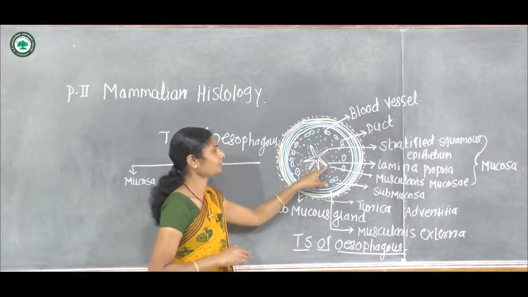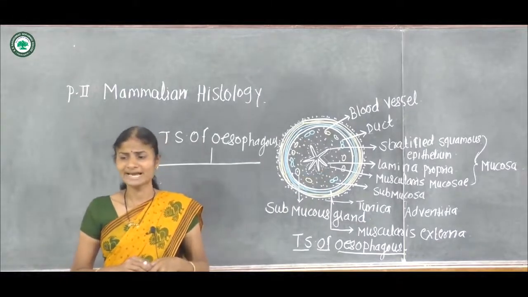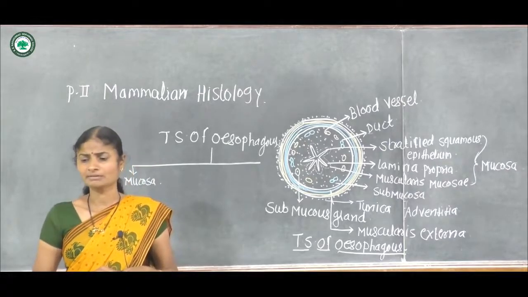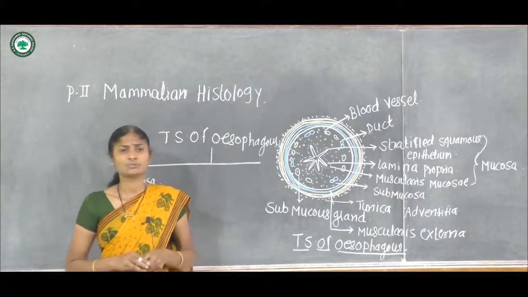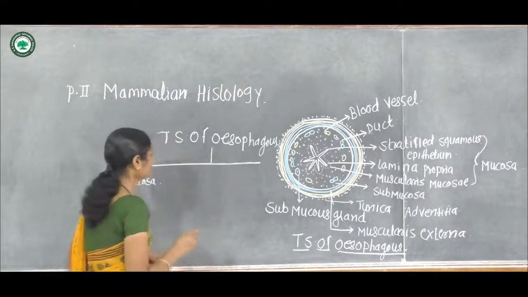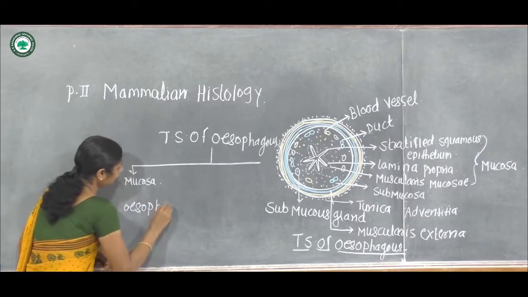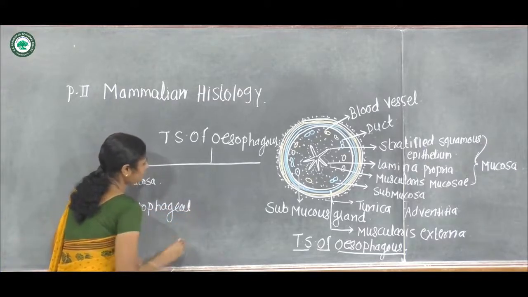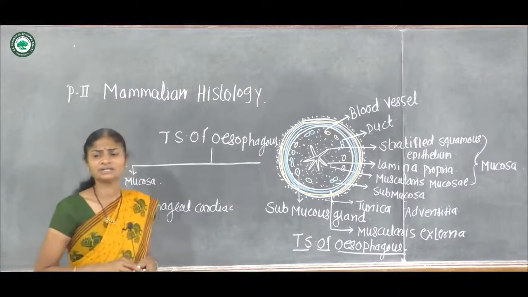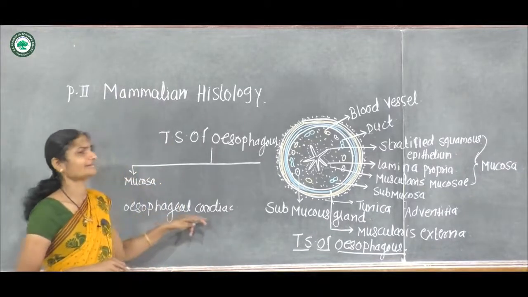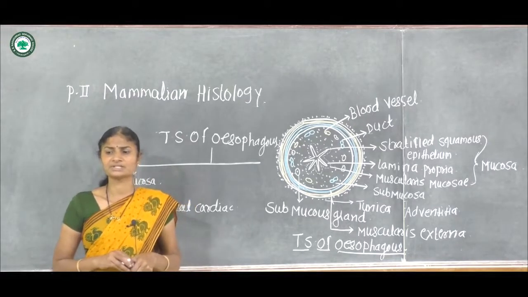This tubular gland, that is a mucus gland, is called the esophageal cardiac gland, and this gland is similar to the cardiac glands present in the stomach.